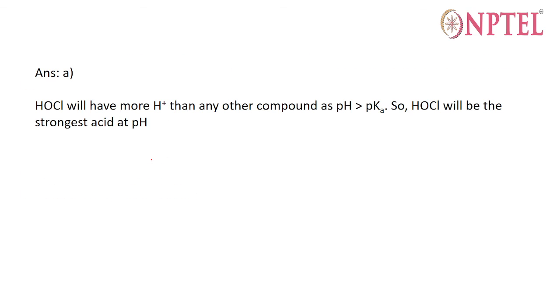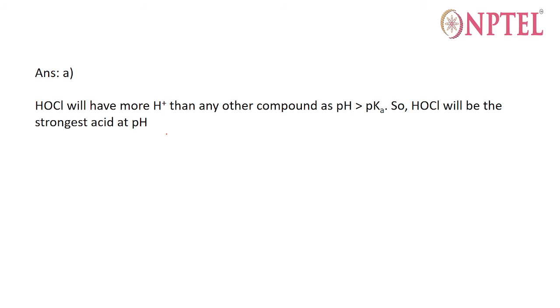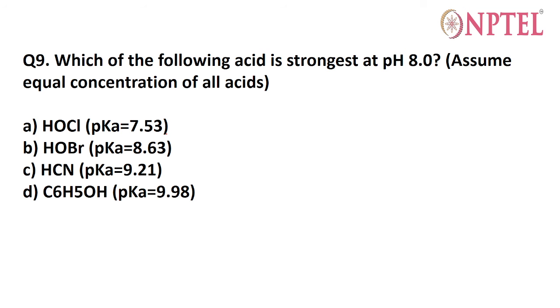Okay, so the first answer will be HCl. Am I correct or am I wrong? So this is the strongest acid, right? Because here the pH is greater than pKa. Is it so? No, it's not right.